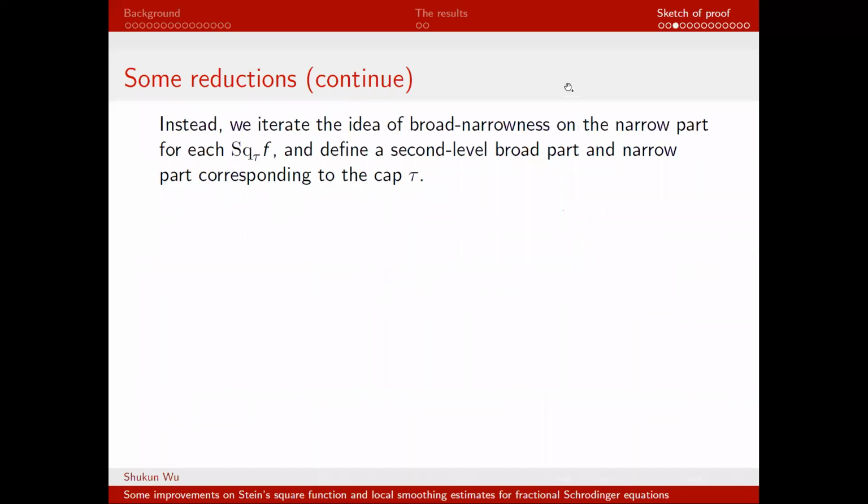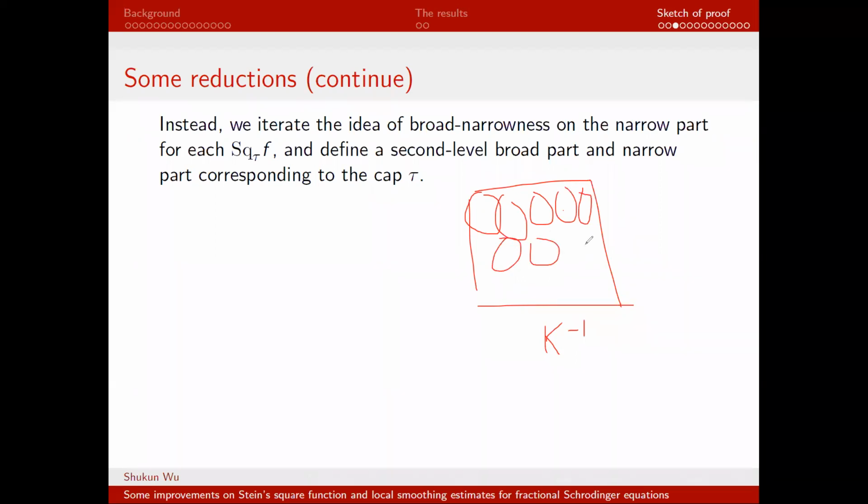Instead, we just iterate the idea of broad-narrow on each narrow function, and define a second-level broad part and narrow part corresponding to a cap tau. This is a cap tau with side length K to the minus 1, and we cover it again using smaller caps, each with side length K to the minus 2.